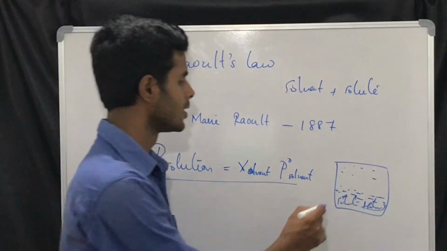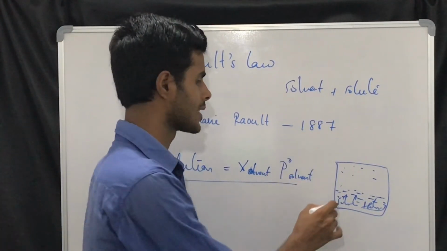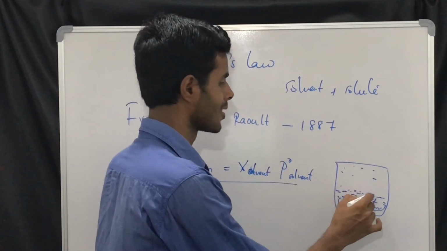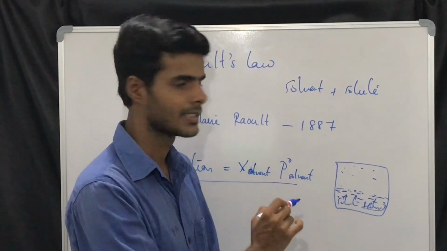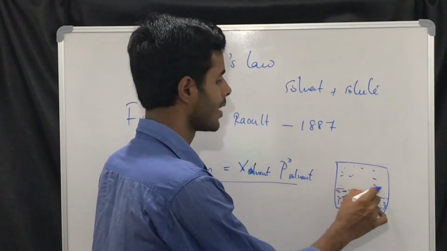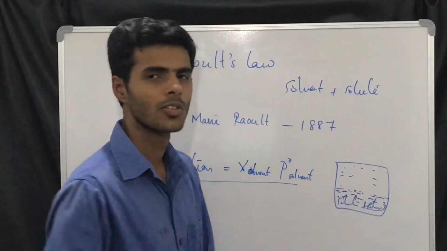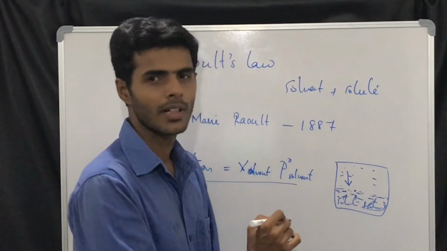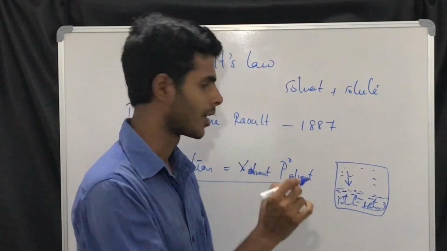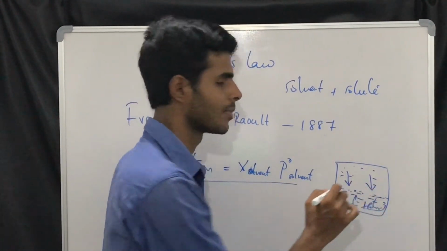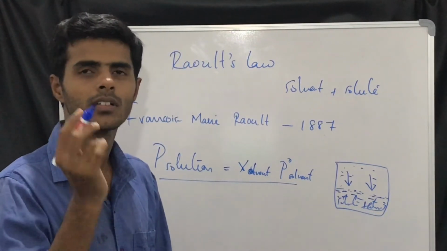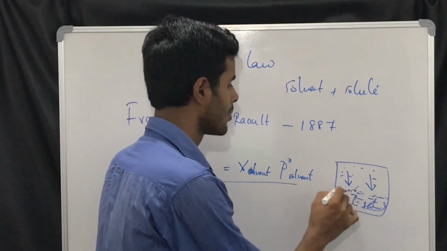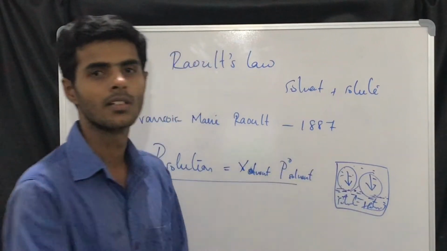So solvent as well as solute particles will evaporate from the surface of the liquid in the chamber and be in dynamic equilibrium with the solution. The pressure exerted by component A, the solvent, and the pressure exerted by component B, the solute, can be determined by Raoult's law.